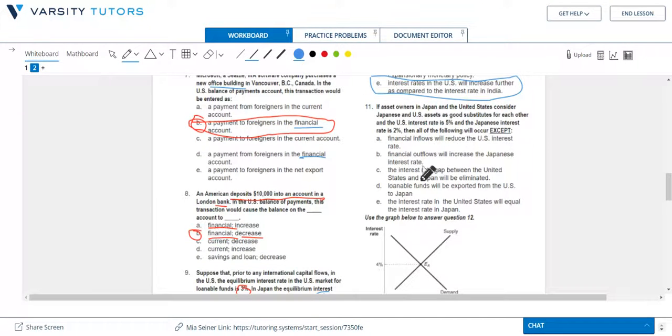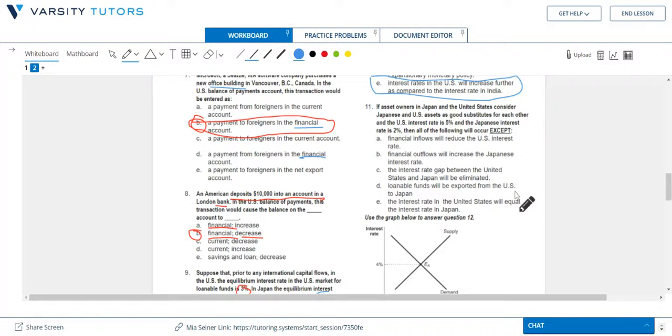Financial outflows will increase the Japanese interest rates. Pretty much the fundamentals of what we're talking about here. The interest rate gap between the United States and Japan will eventually be eliminated. In the long run, that's also what we're trying to describe. The loanable funds will be exported from the US to Japan.